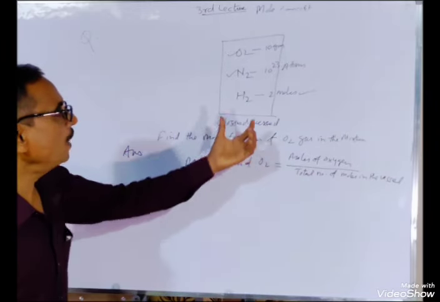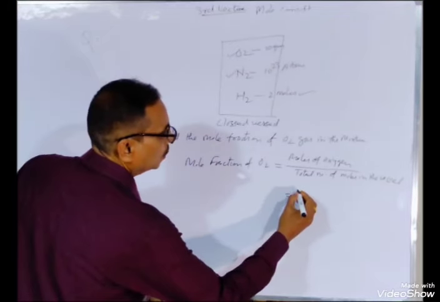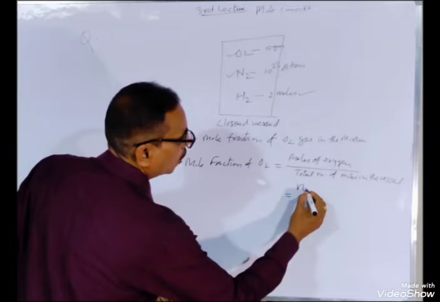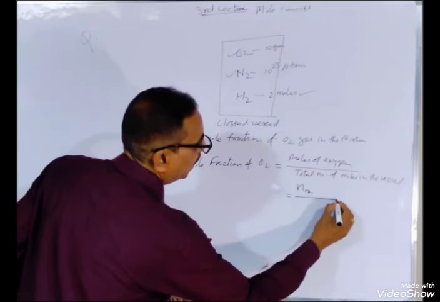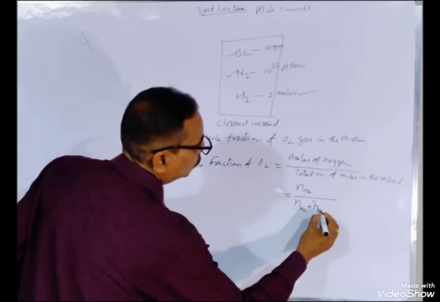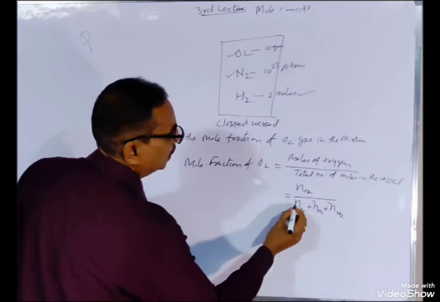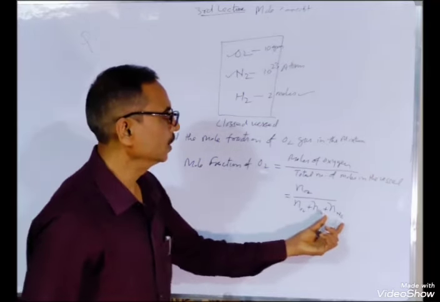It means how many moles are present in the vessel. This is the sum. In short, number of moles of oxygen, NO2, divided by NO2 plus NN2 plus NH2. N stands for number of moles.